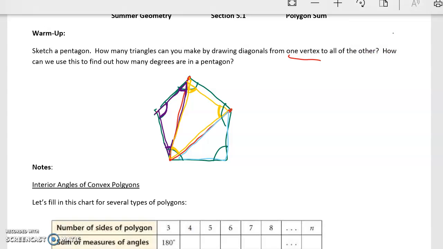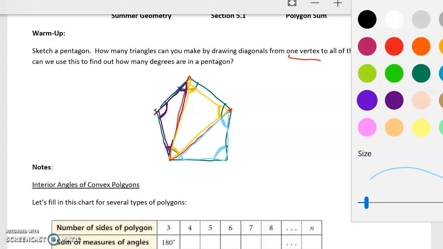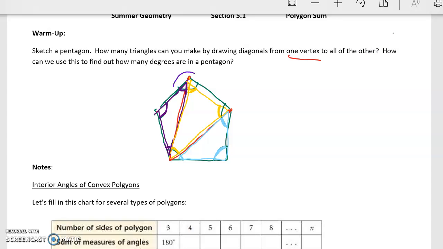And looking at our last triangle, we have this angle here, this angle here, and this angle here, and those equal 180. You might think, well, how's that going to help us find the angles in a pentagon? Well, again, if we look at this angle in our pentagon from here to here, we notice it's the sum of the purple triangle plus the yellow triangle. So that's why when we add up all the angles in the 3 triangles we see, it actually gives us the measure of all the angles in the pentagon.